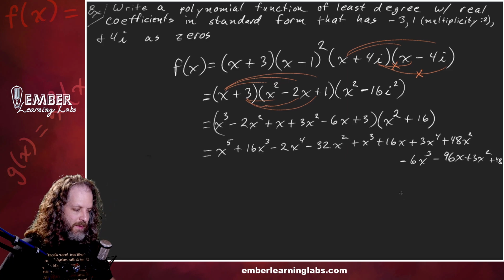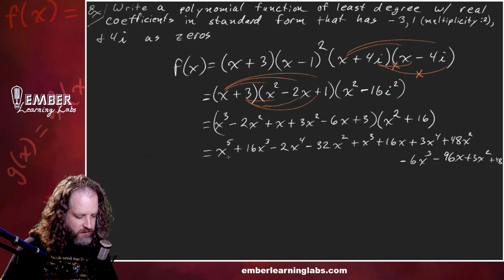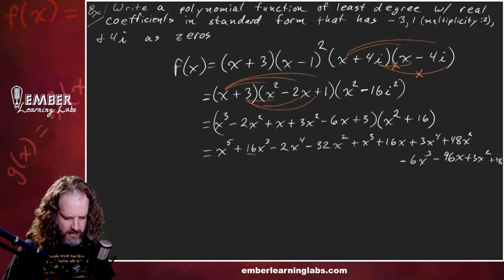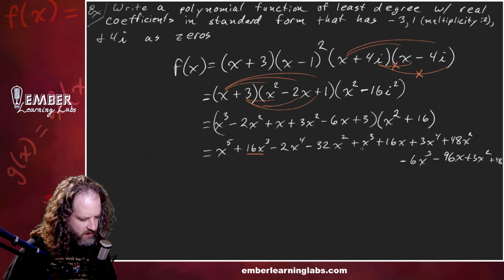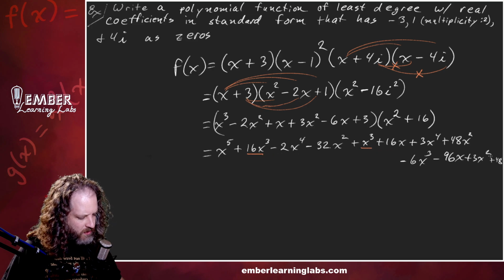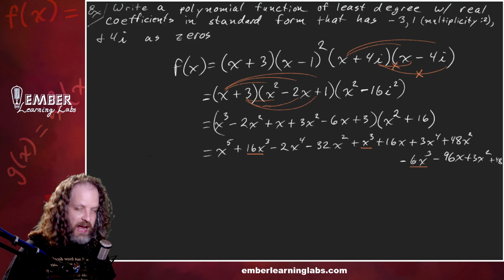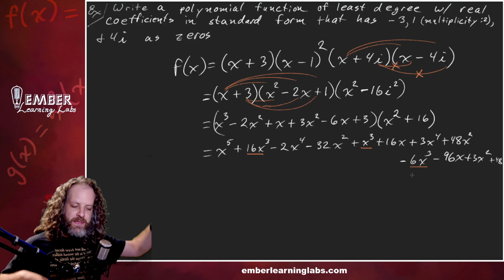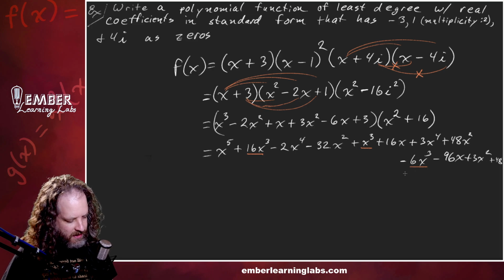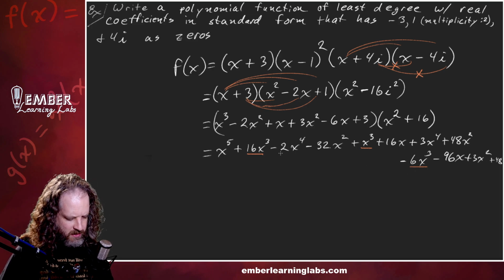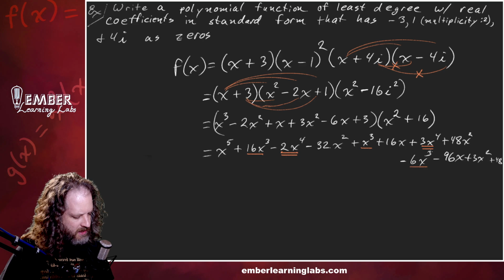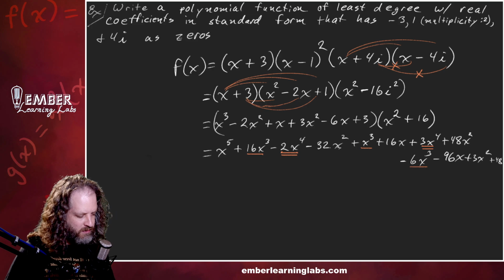Okay, so we've got a bunch of like terms. Let's find them. x to the fifth doesn't have any friends. x cubed does. Let's find all the x cubed. You can do the whole stacking method where you line up the things and do it that way. I like the numbered underline method, as you probably know by now, but that's what I'm doing here. It's helping me keep in line with what's happening.